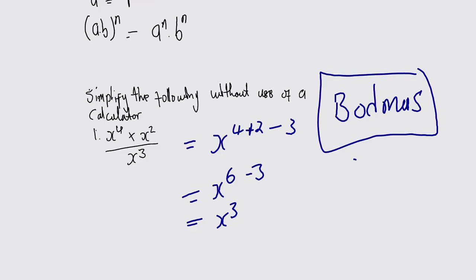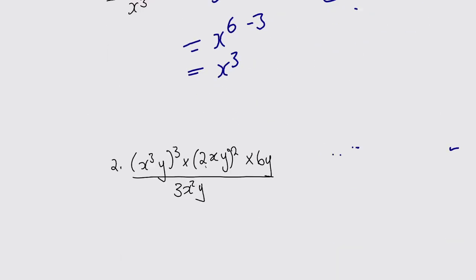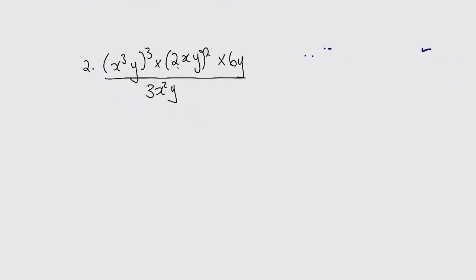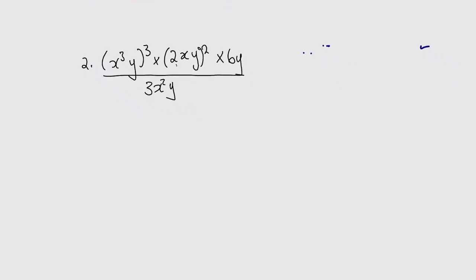So we're going to the next challenge. For those who are doing this for the first time, I believe this is a little bit of a challenge, because it looks complicated, but we're just going to use the rules. The first thing is to apply the rules and take it back.